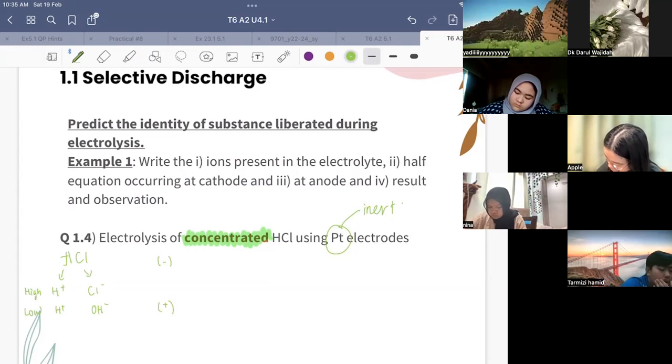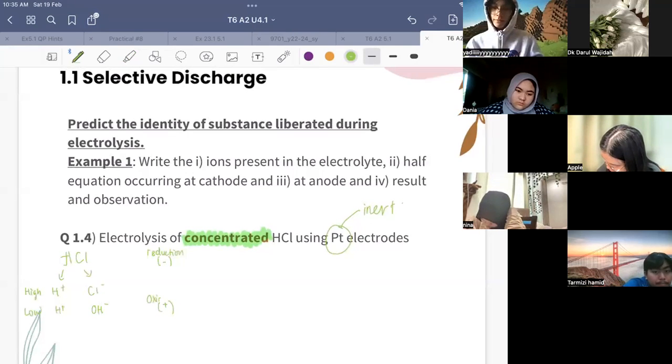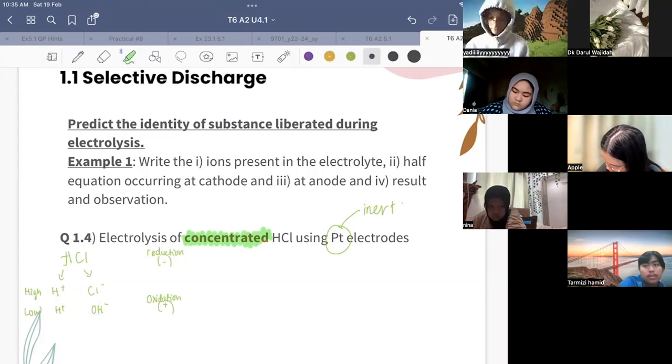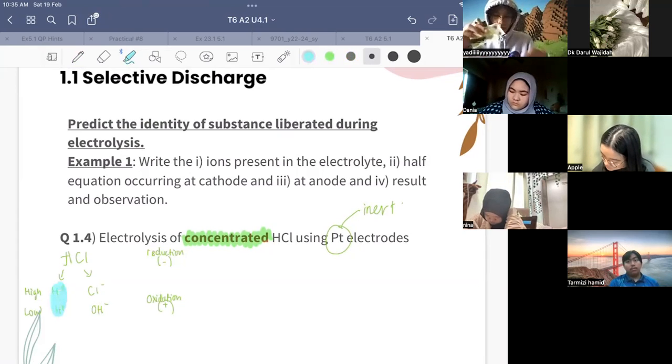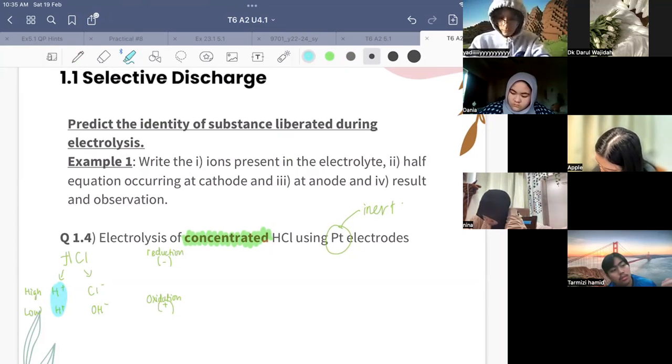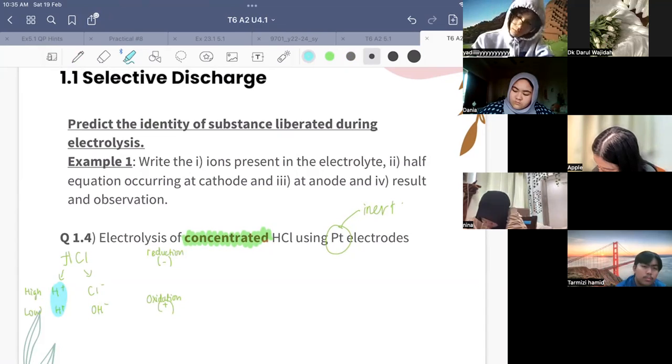And at the cathode, usually reduction is occurring, and at the anode, usually oxidation. For the cathode, obviously it's the H plus. For your anode, however, you need to take into account the concentration of chloride.